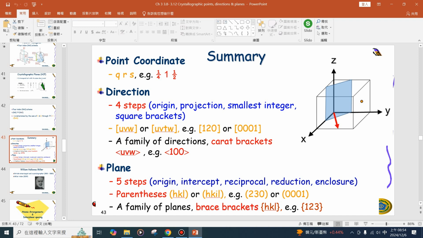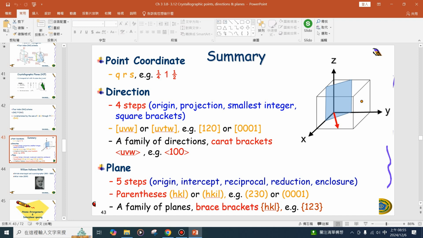And then you do the reduction to make them integers. And finally, you have to do enclosure. Enclosure is parentheses. Parentheses (HKL), 3 numbers.